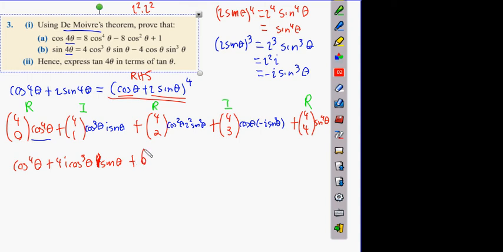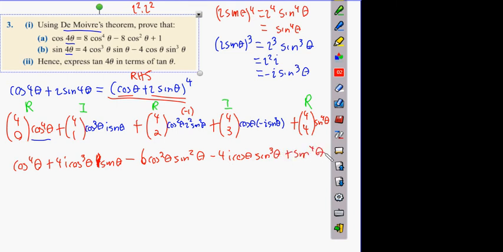So now this i², guys, the i² is minus 1, so we're going to change that to minus 6. So minus 6 cos²θ sin²θ. Once again, real, imaginary, real. Next one has to be imaginary. It's going to be minus 4i cos θ sin³θ, and plus sin⁴θ.